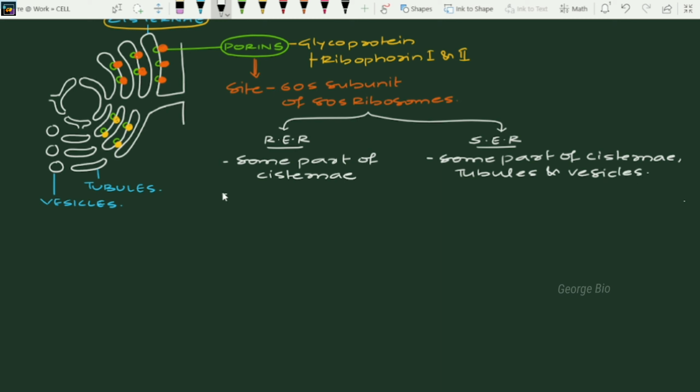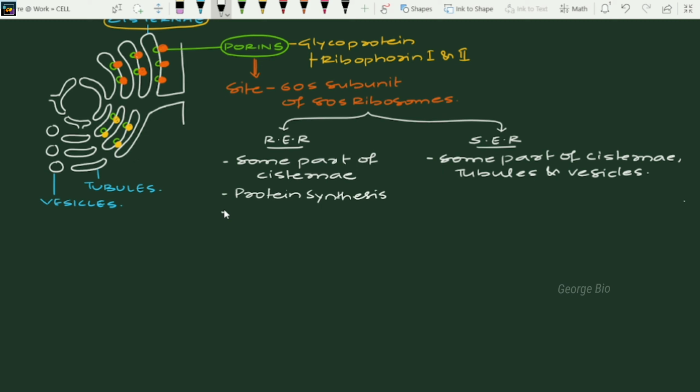Now, what is the function of rough endoplasmic reticulum? As it is attached with ribosomes, it helps in protein synthesis. This protein can get modified and helps in the formation of enzymes. It means that for the formation of enzymes, proteins are required, and these proteins act like a raw material.